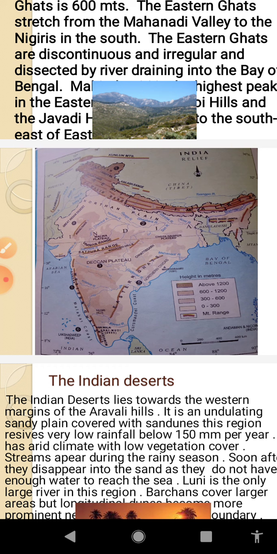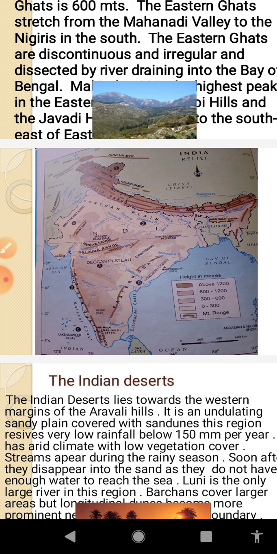Another important peak in the Western Ghat is Doda Betta, with a height of about 2637 meters. But the highest peak in the Eastern Ghat is Mahendragiri, with a height of about 1501 meters above the mean sea level.